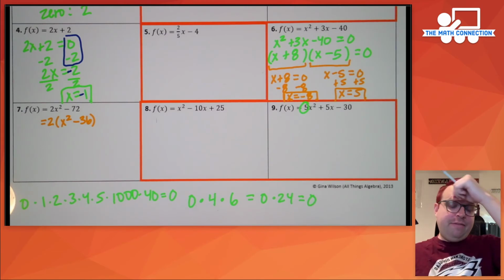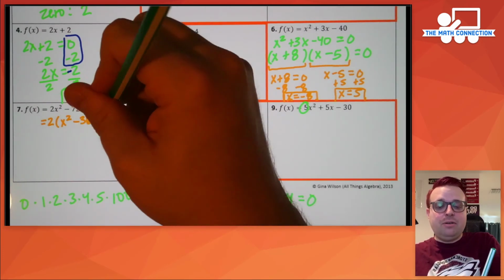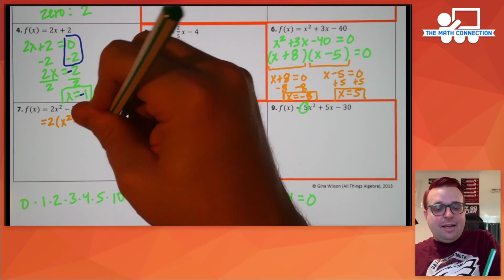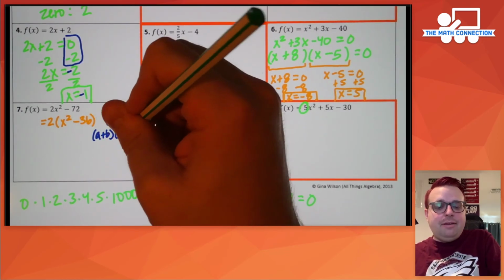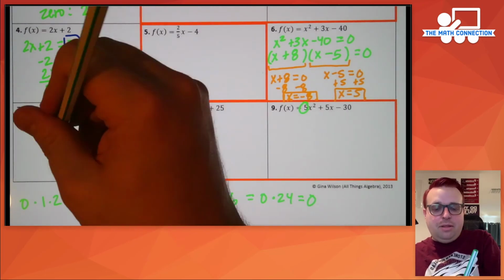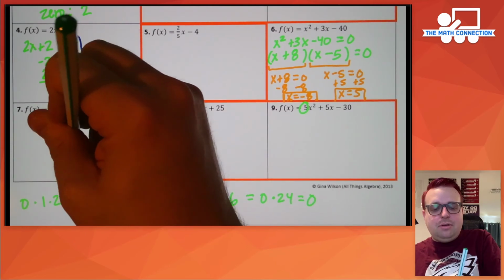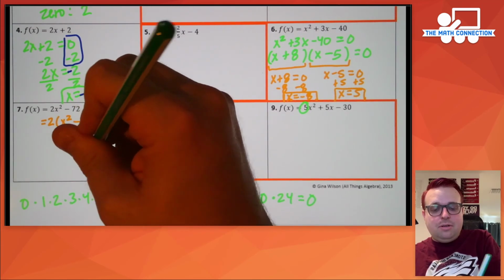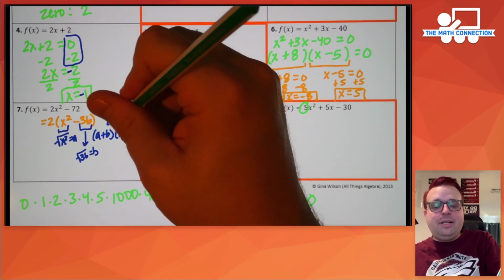Okay, now remember when you have the difference of squares, okay, difference of 2 squares, this is a special factoring pattern that we can look at, all right? The difference of 2 squares, you have to figure out, I'm going to use a different color, what's A and what's B, and the pattern that you factor it to is A plus B and A minus B. So this square root is A, and this square root is B. So the square root of x squared is x, and the square root of 36 is 6.